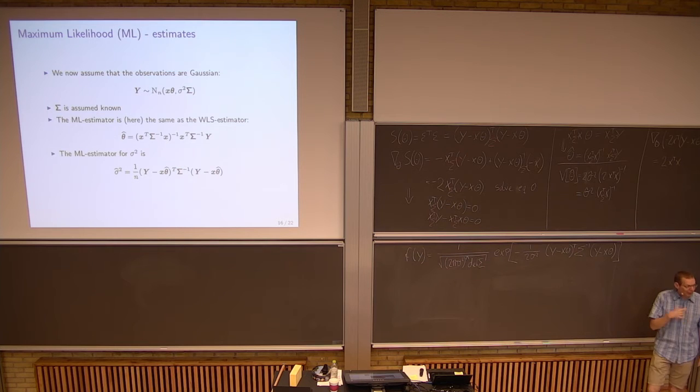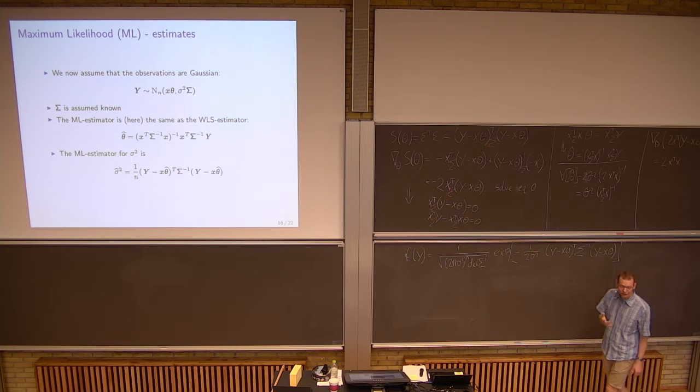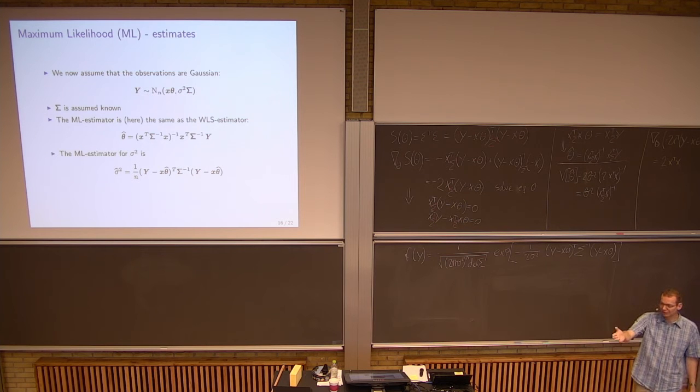So when you want to maximize the likelihood, what do you want to do? I want to find the parameters that maximize the likelihood. I want to find the value of theta that maximizes the likelihood. How do you do that? You had the answer previously, you can repeat it.